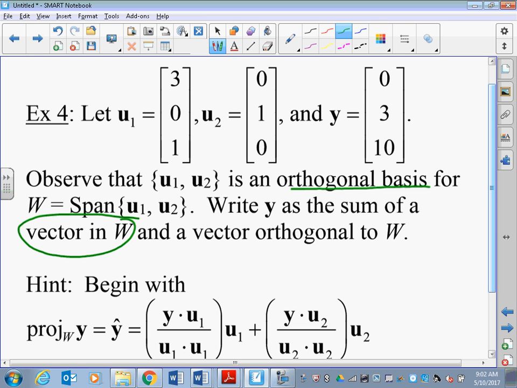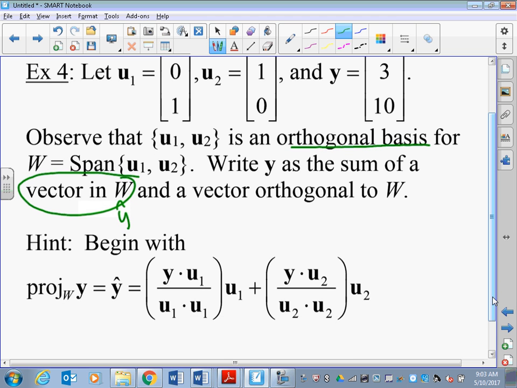What is the name that we use for that? Y hat. And a vector orthogonal to W. So we have to find out y hat.